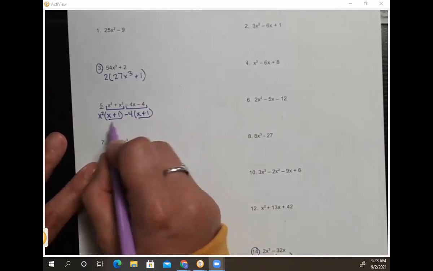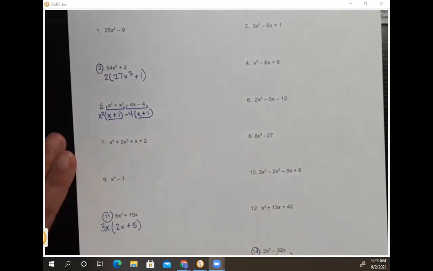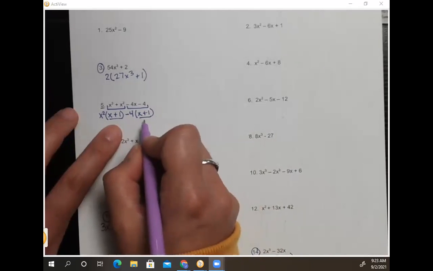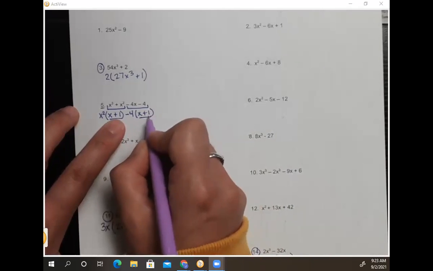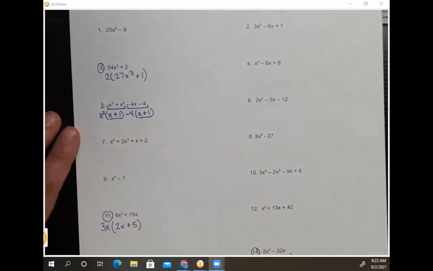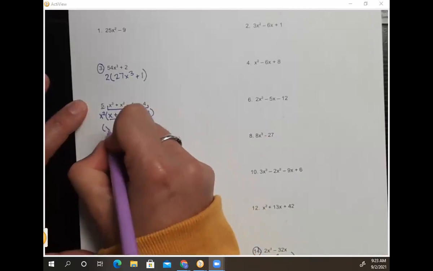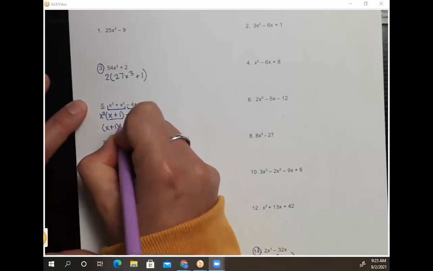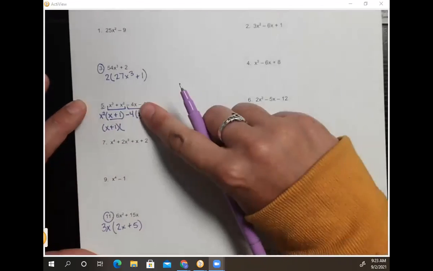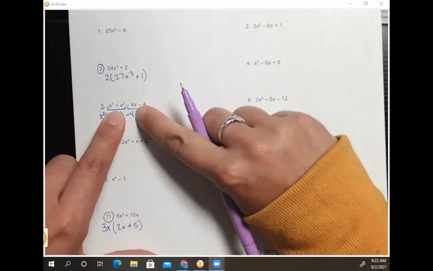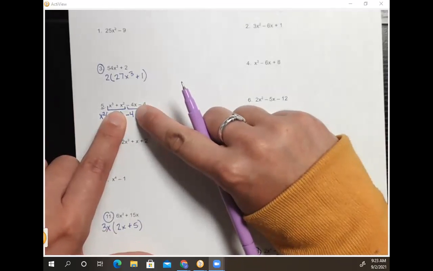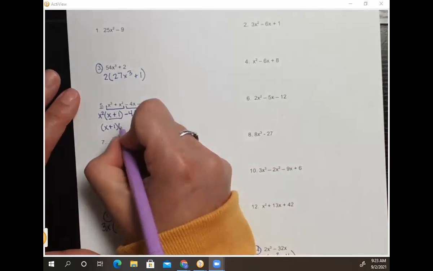You guys had problems that looked almost exactly like this yesterday that we worked on. The reason we worked on problems like that is because it kind of set the stage for what we're doing here. Now, out of this whole thing, I have a GCF of x plus 1. And left over, when I factor that out, is x squared minus 4.